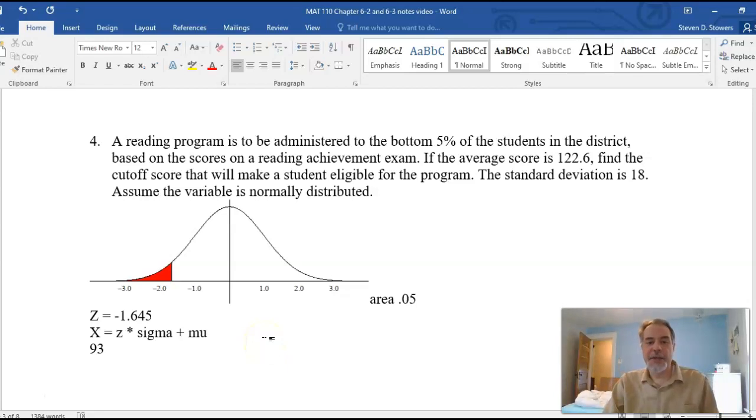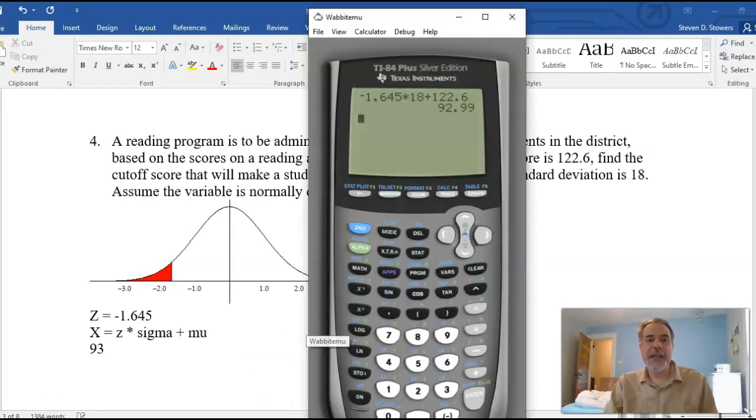Now for the shortcut methods. If you have a graphing calculator, you can go to the distributions menu and select InvNorm, which stands for inverse normal distribution. For the area, you want to give it the area on the left side of the cutoff point. So here that was 0.05, 5%.